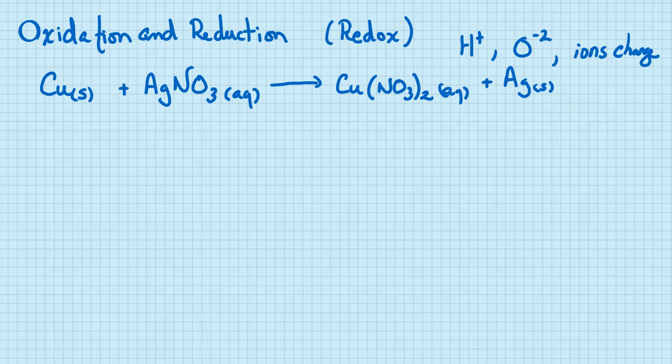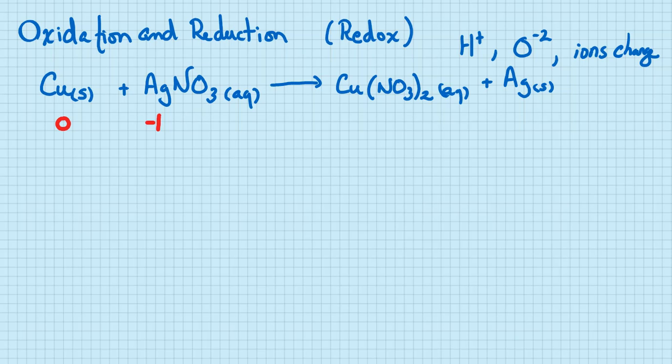Okay, so let's take a look at this, and what we're looking for is a change in oxidation numbers. As a reminder, elements have a 0 oxidation number, and Ag, because it's an ion, is +1.